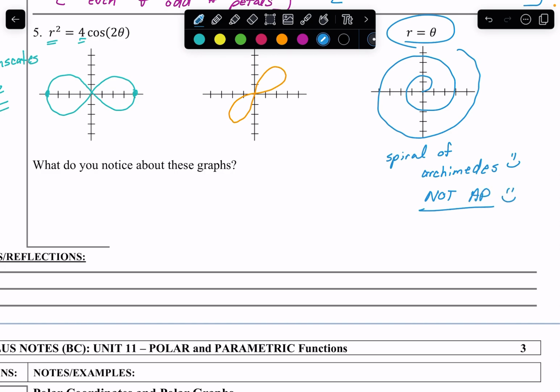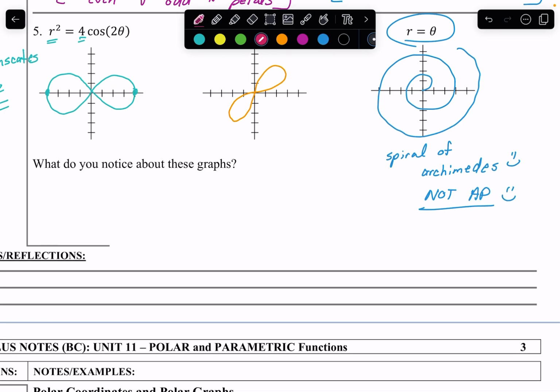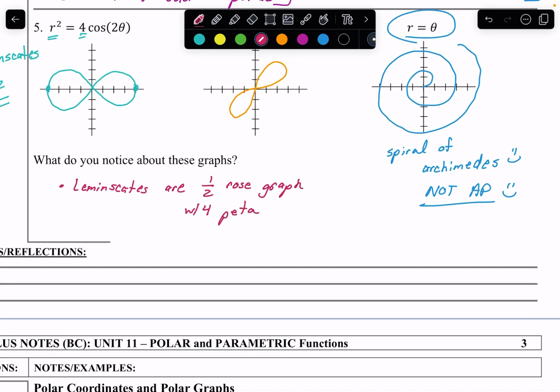Okay, let's go ahead and write just a quick note about these Lemniscates. All right, so Lemniscates are half a rose graph with 4 petals. So it's always the half, right?